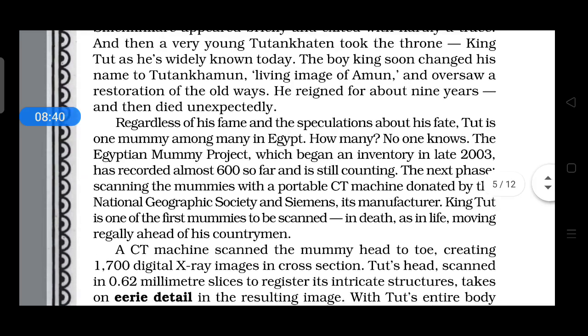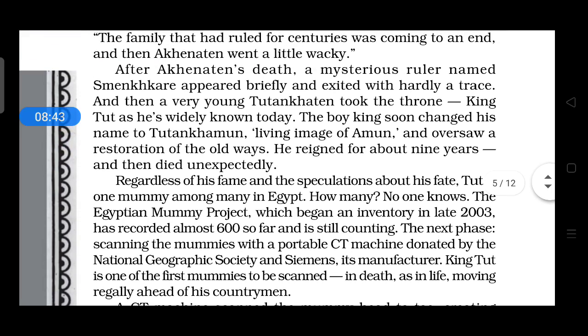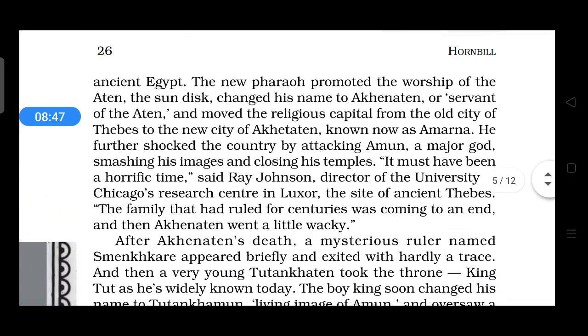We will get to know in the next video about these different kinds of data, how they are taking the CT scan.